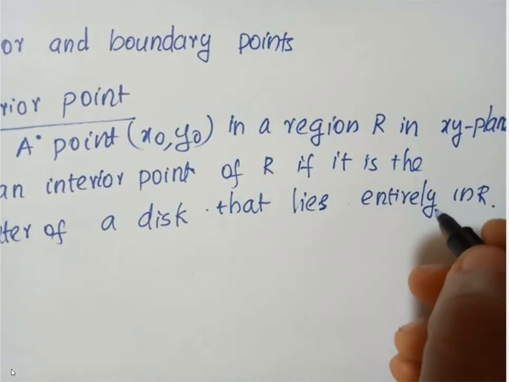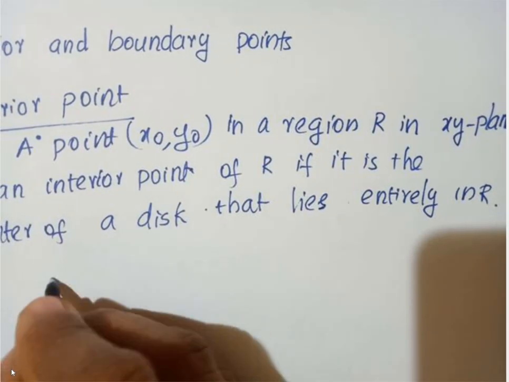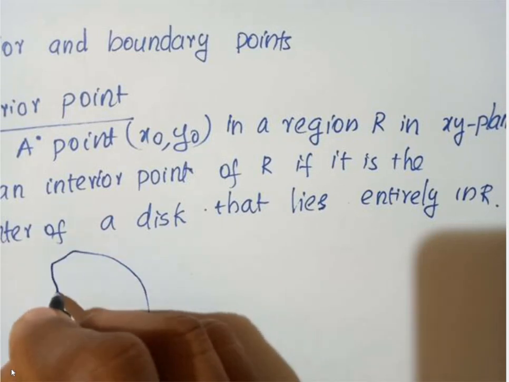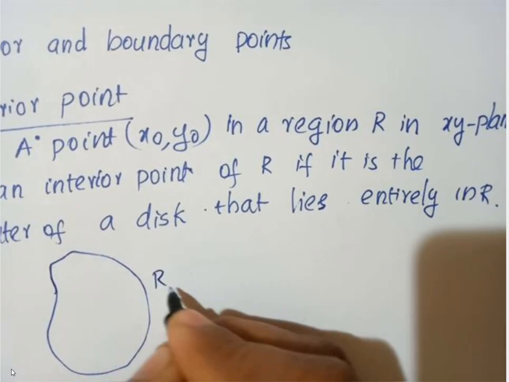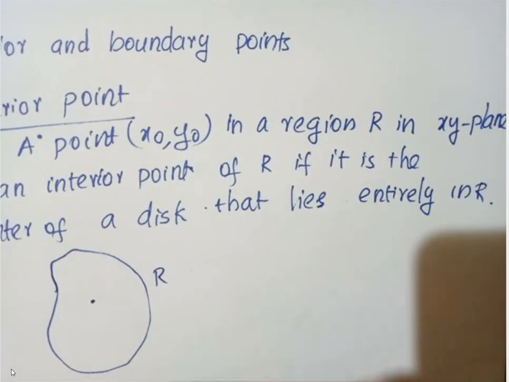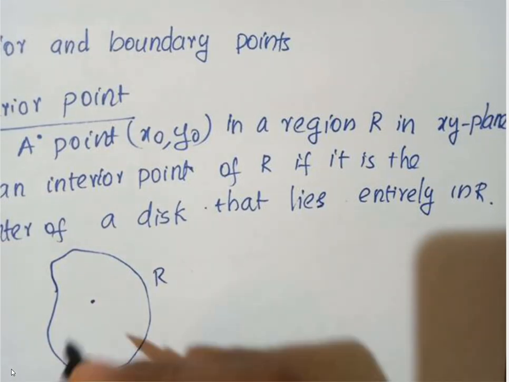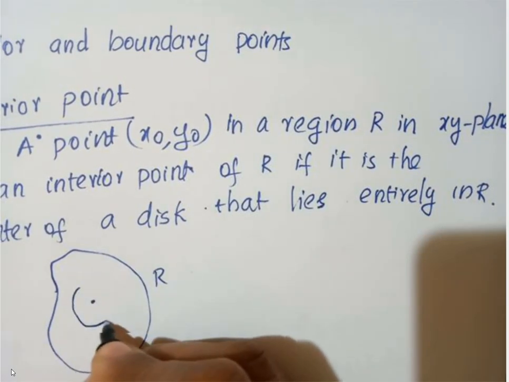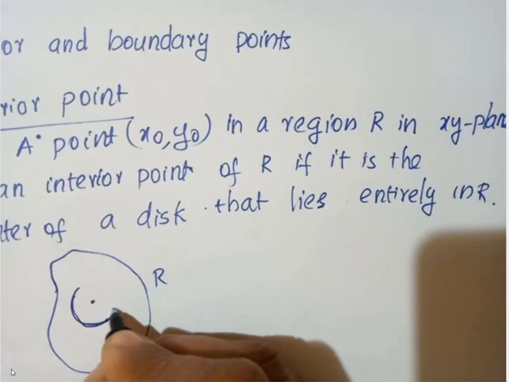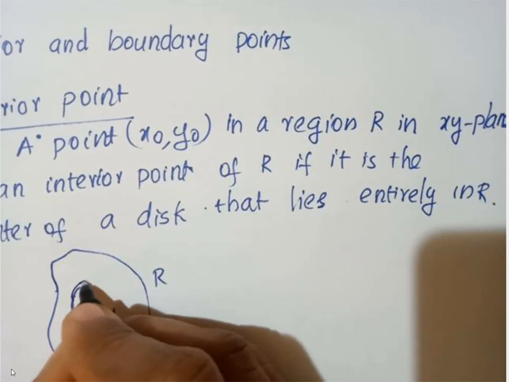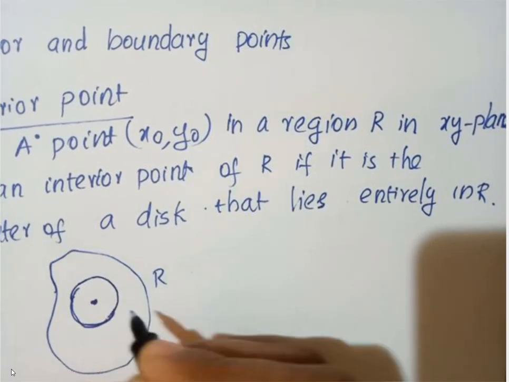Suppose this is a region R. Suppose a point (x0, y0) is an interior point, which means you can find a disk such that the disk completely lies in that region.